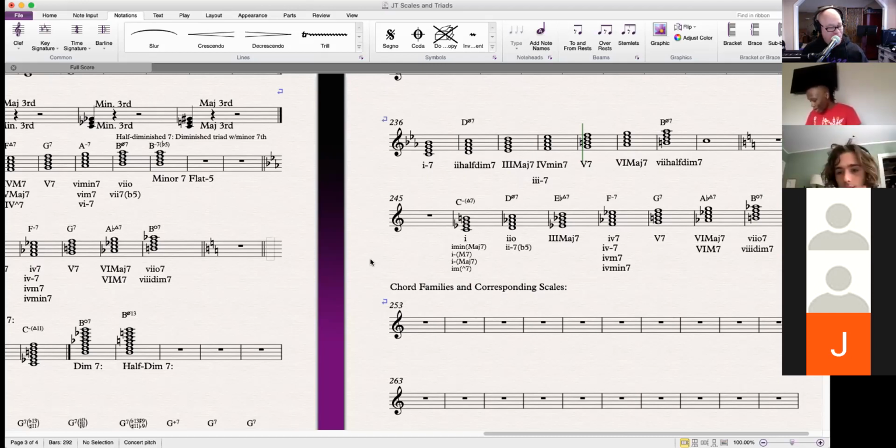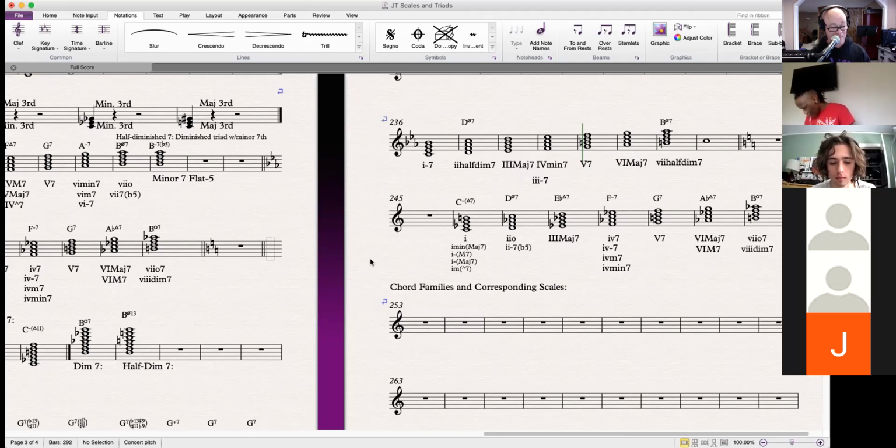As yesterday, when we started building all those extensions, the dominant family of chords just have a lot more going on than minor or major chords. The same is true when we talk about the types of chords that belong to the dominant family. Some of this is going to be redundant, but we're going to talk quite a bit about diminished chords and how they work.